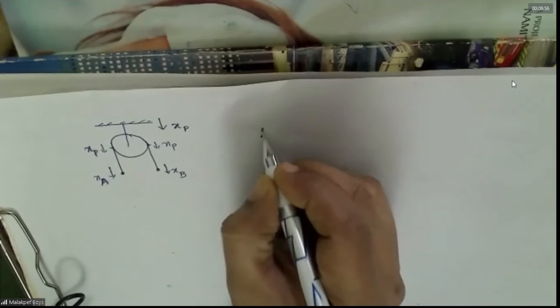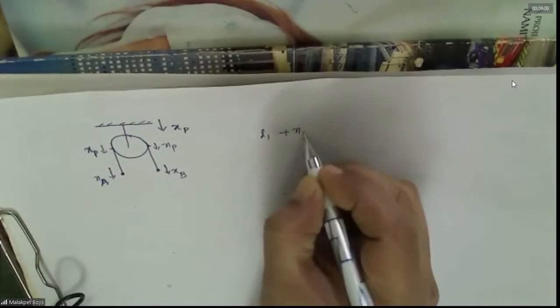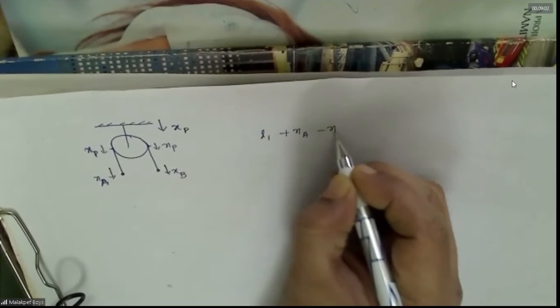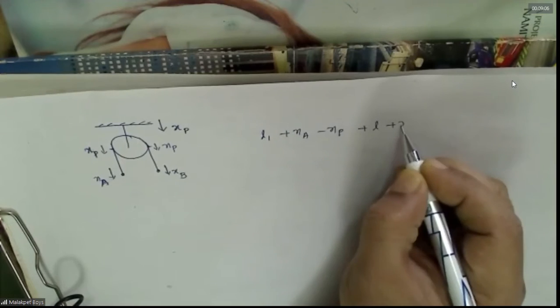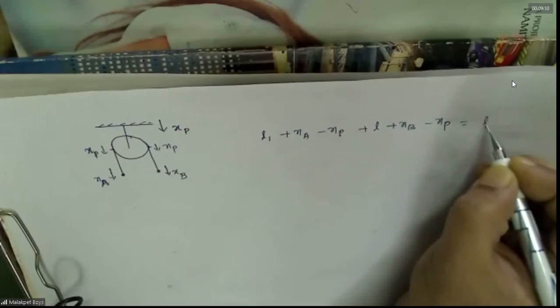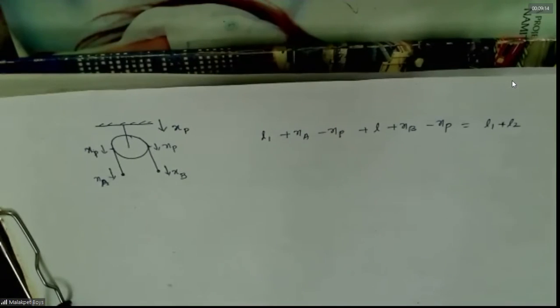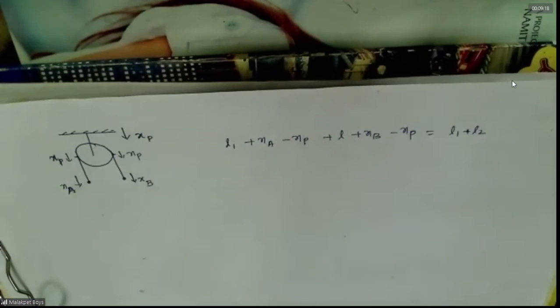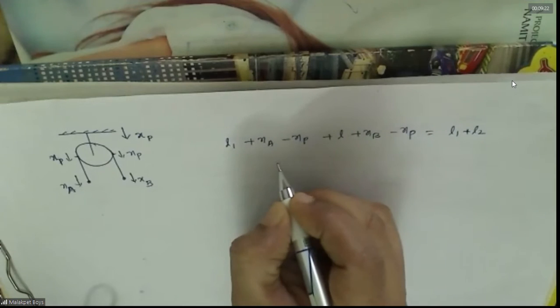L1. Because of this motion of A, it increases, motion of B decreases. Right side, XB. Original length is this. Do you agree with this or not? String length remains constant, no? Yes, sir.